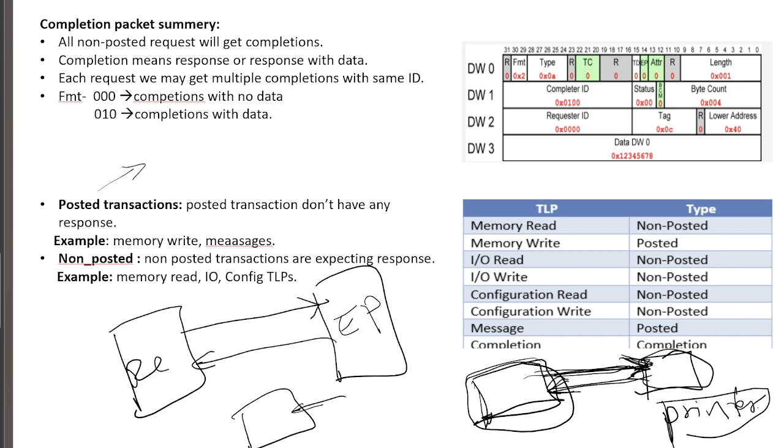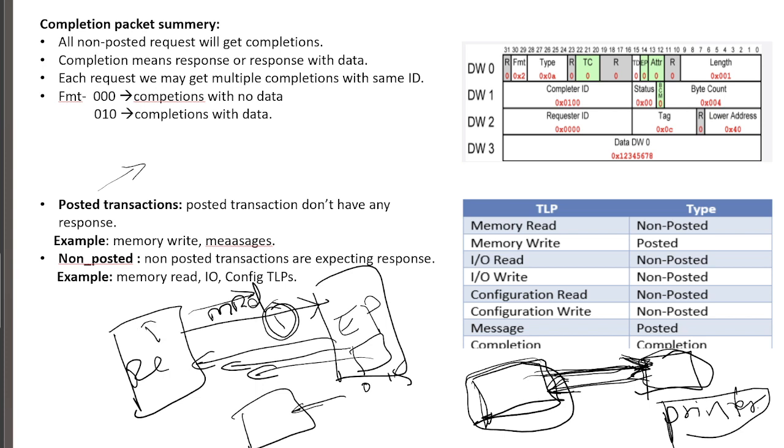When you send a memory read request with a specific tag, you will get a completion with data carrying the same tag. Say you want to read the specific location, address 0 to 15, with tag number one. You will get a completion with the data with that same tag.